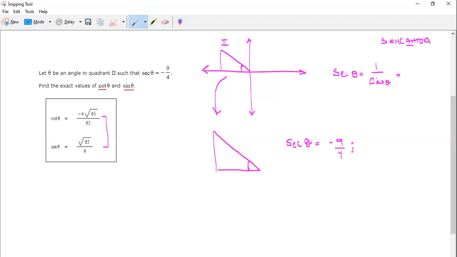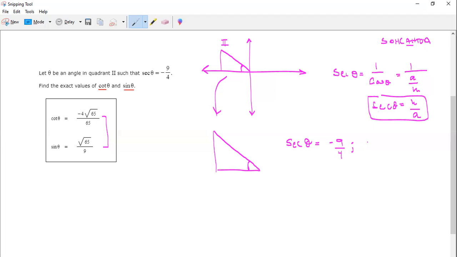So the secant of theta, being 1 over the cosine, is the same thing as saying 1 over the adjacent over the hypotenuse, which is the same thing as saying h over a. So secant of theta is actually h over a.